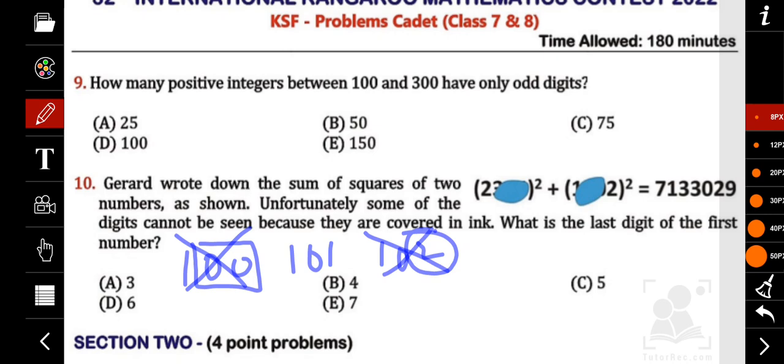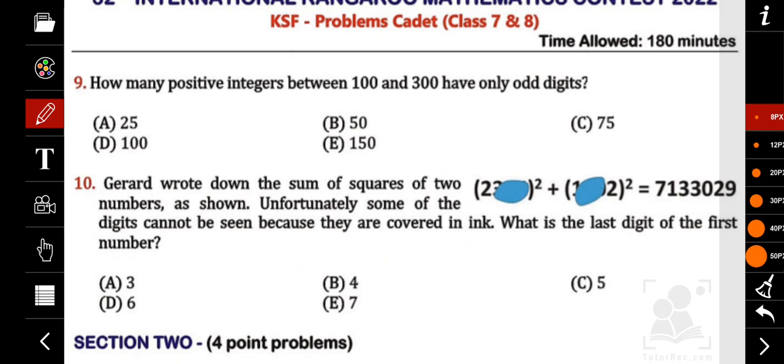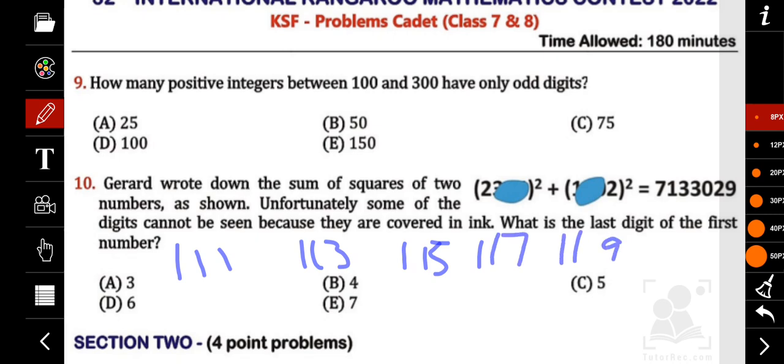So the numbers which might be included are 111, 113, 115, 117, 119. Then we cannot include 120 or any number in this series like 120 or 121 or 122 and so on.